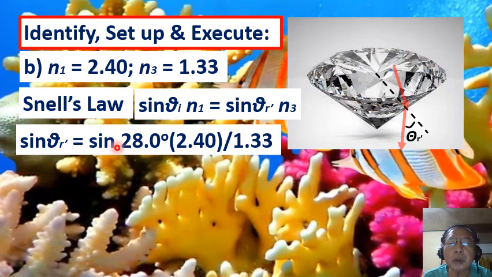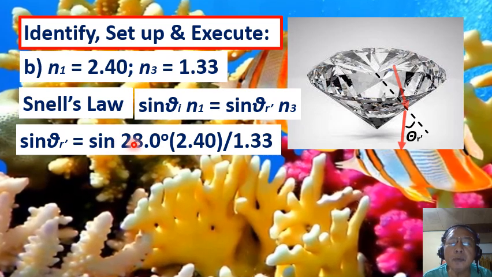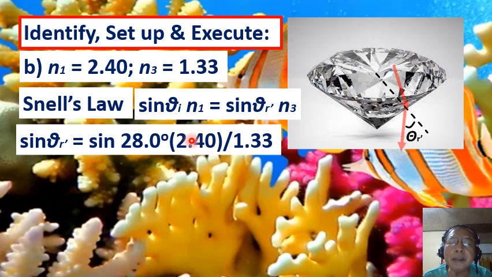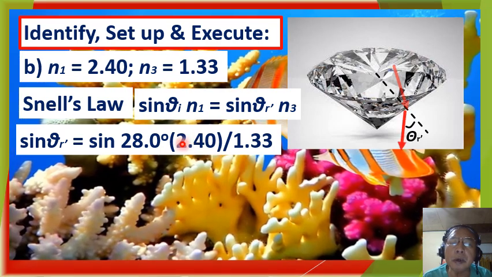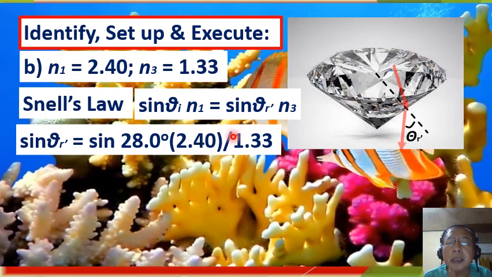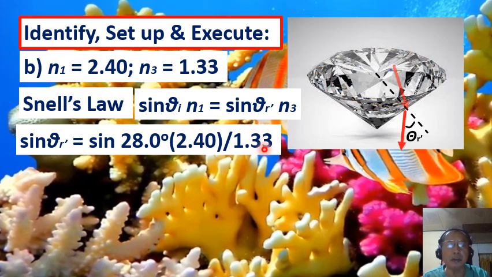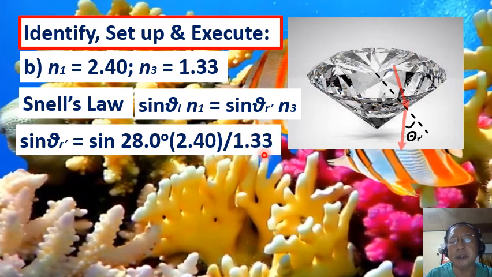So sine of 28.0 degrees is multiplied by the index of refraction of diamond, or 2.40, and then their product will be divided by the index of refraction of water, or 1.33.